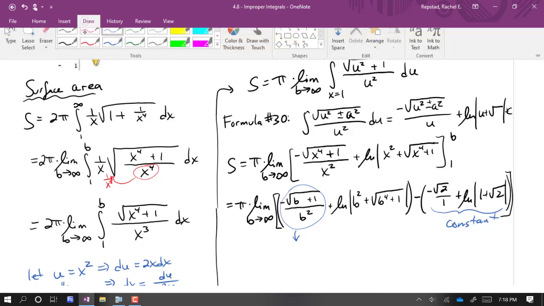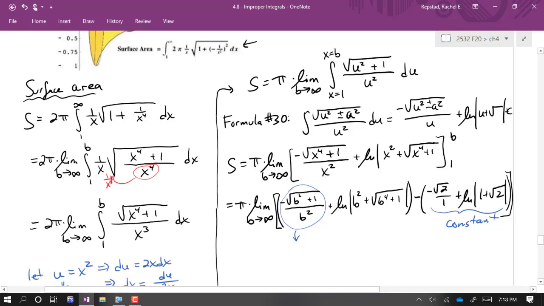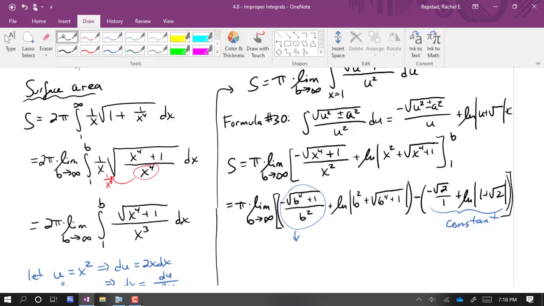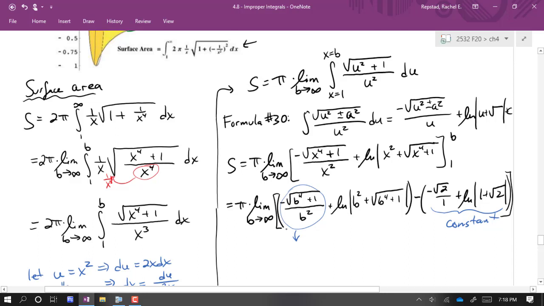That should be b to the fourth. Sorry about that. B to the fourth plus 1 in the radical. Our regular algebraic techniques can work on this, or you can use L'Hopital, but you'll see that this fraction approaches 1.